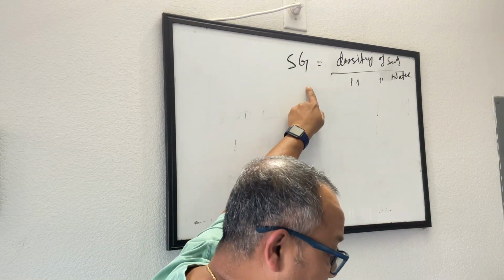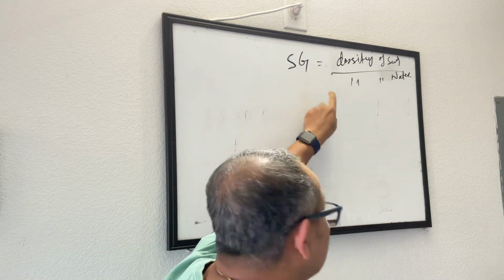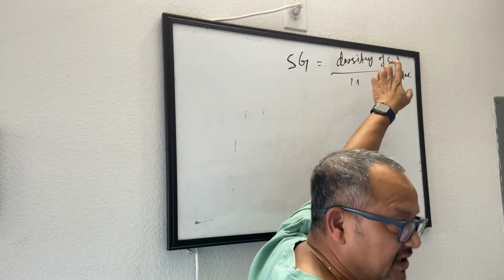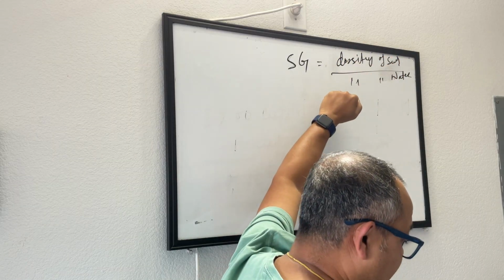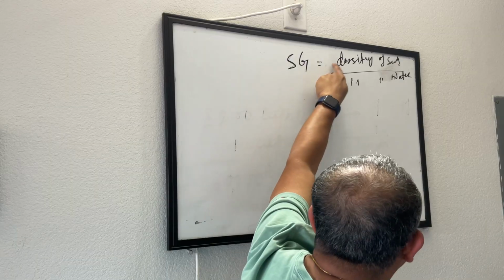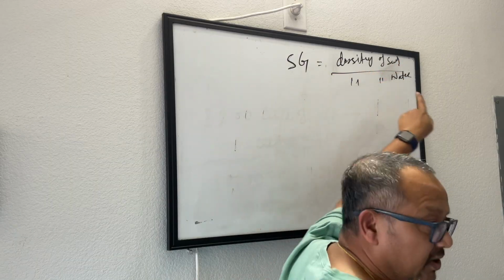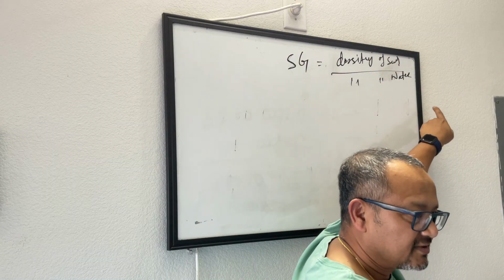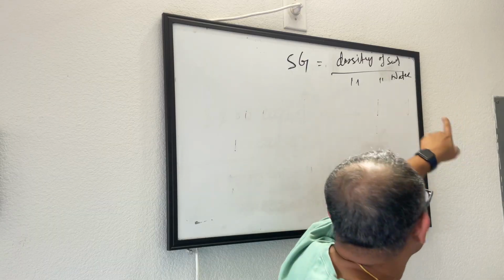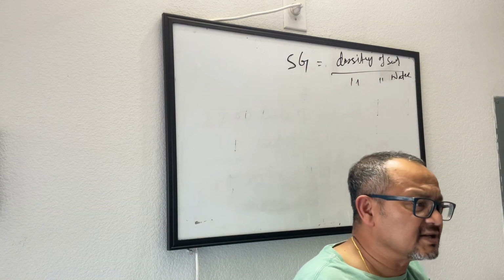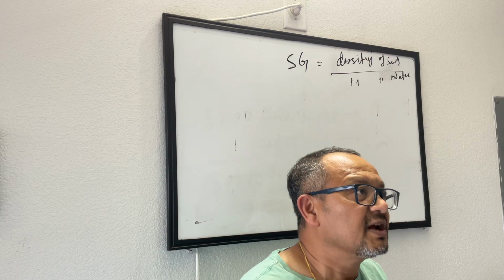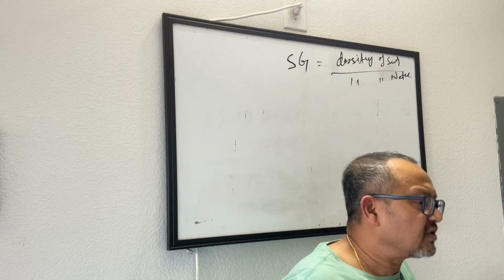Specific gravity is the ratio as a decimal, so whatever value comes from this is printed in decimal form, of the density of the substance by the density of water. This density you can measure, right? This many kilograms per cubic feet or whatever.